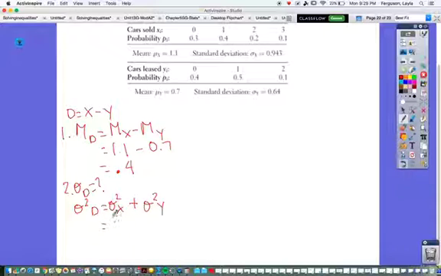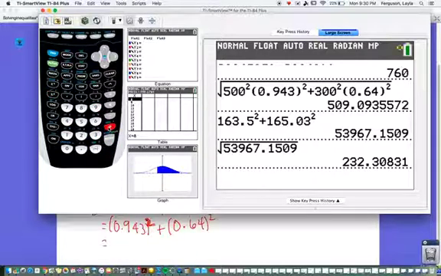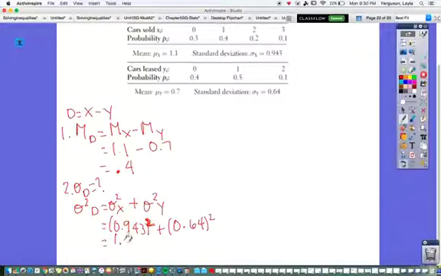The standard deviation for X would be 0.943, and you would square that, plus the standard deviation for Y, which is 0.64, and you would square that. So when you did that, you would see that together you would get 1.30.